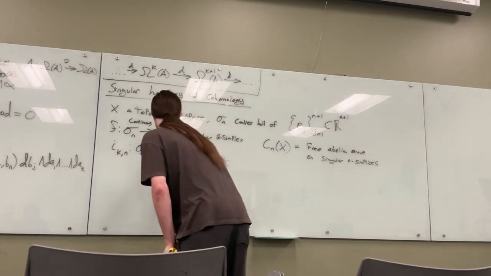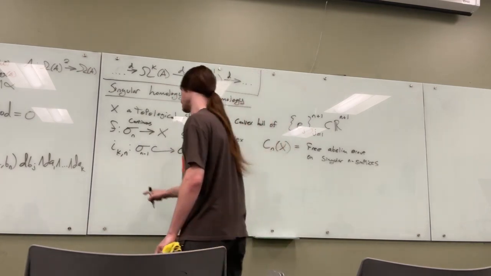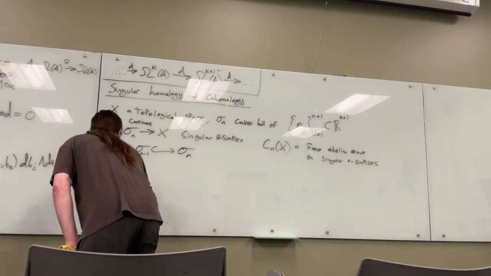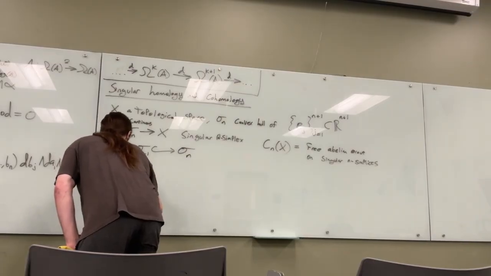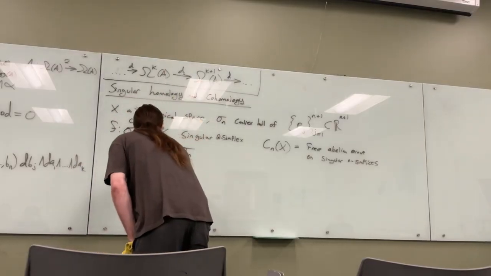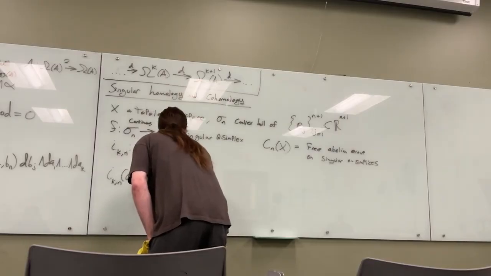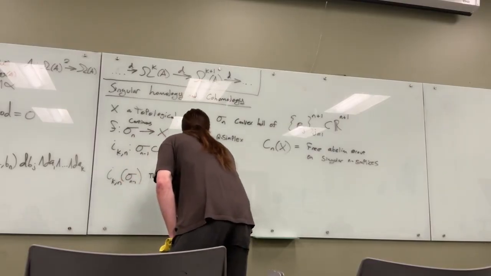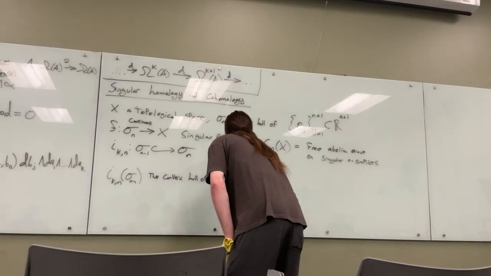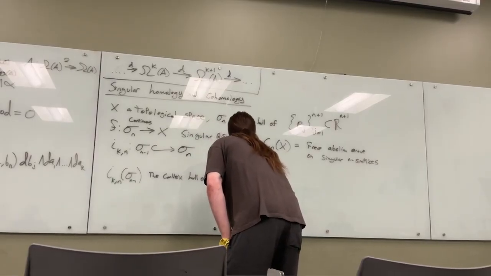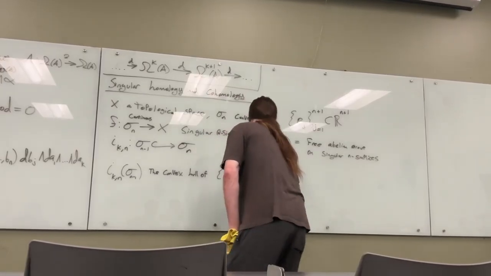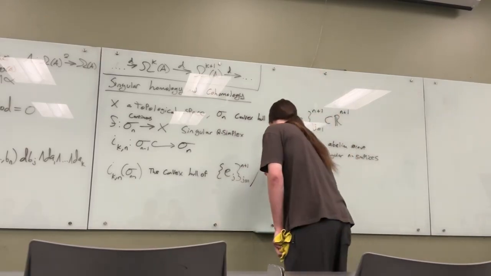So let me tell you what the image of this guy is, because that's where k comes up. So I_k,n of the standard n-1 simplex is exactly the convex hull of the vertices. I have n plus 1 of them, and we get rid of the kth element.